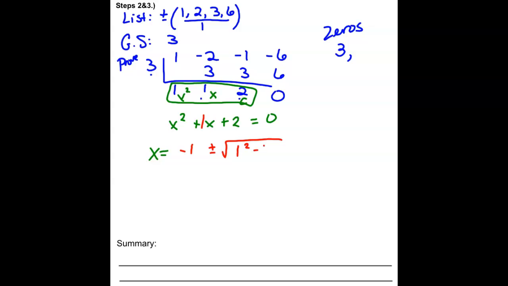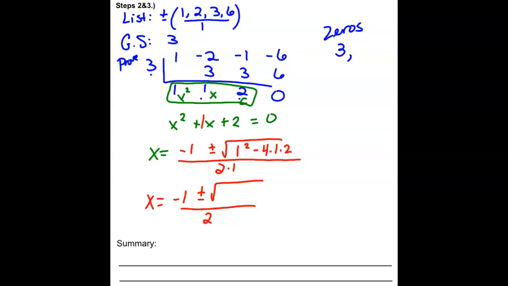So 1 squared minus 4 times a times c, all divided by 2 times a. So we get negative 1 plus minus the square root of stuff all over a 2. Inside our square root, we have 1 squared, which is 1. We're subtracting 4 times 1 times 2, so we're subtracting 8. So we have negative 1 plus minus the square root of negative 7 all over 2.